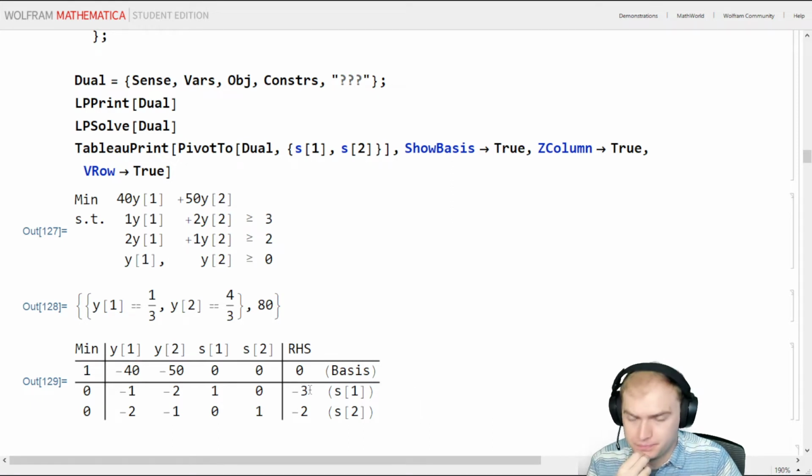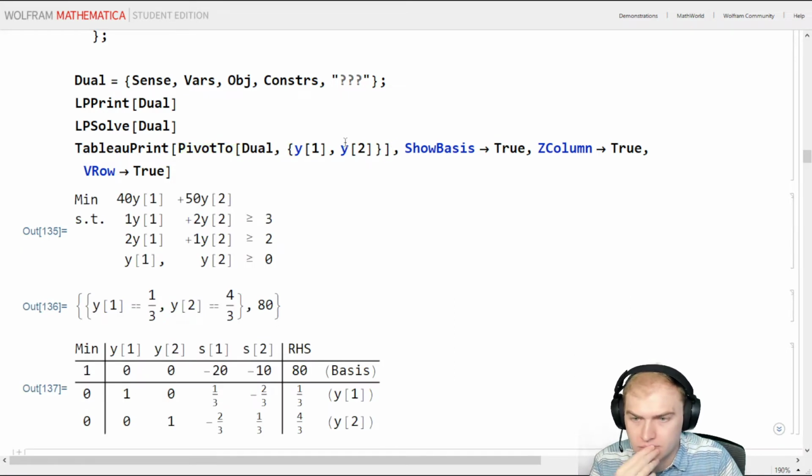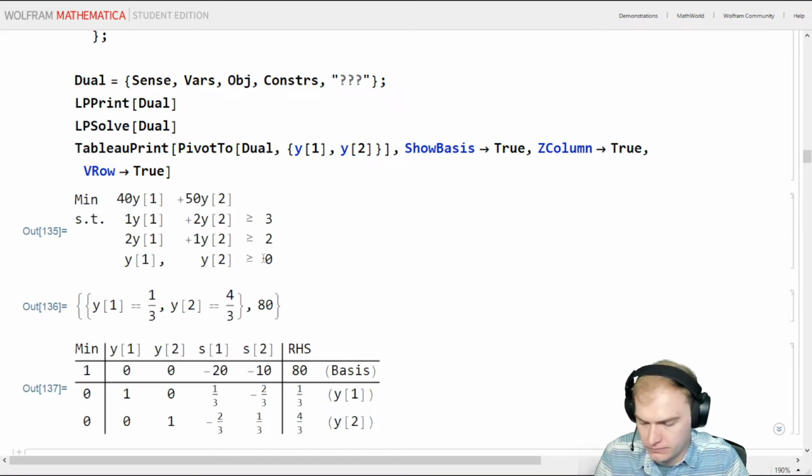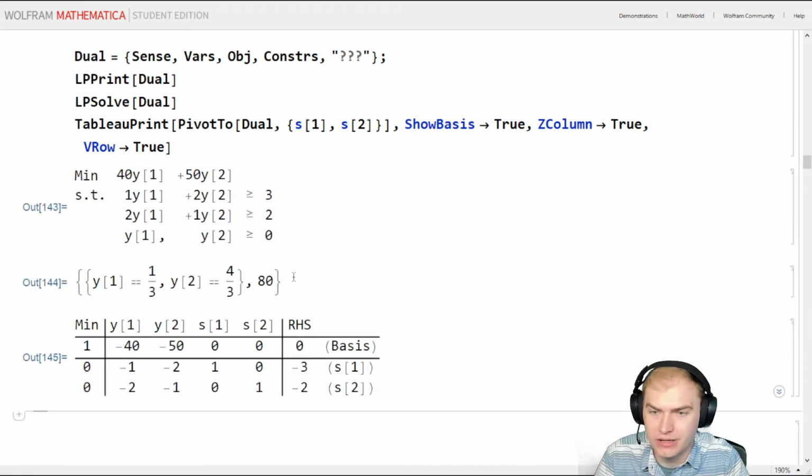Okay, so this is a minimization problem, so we would be looking for, okay, did I invert something? Oh, okay.